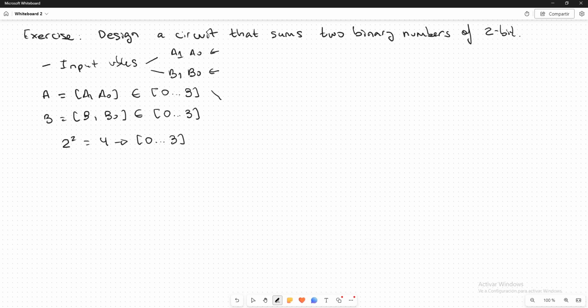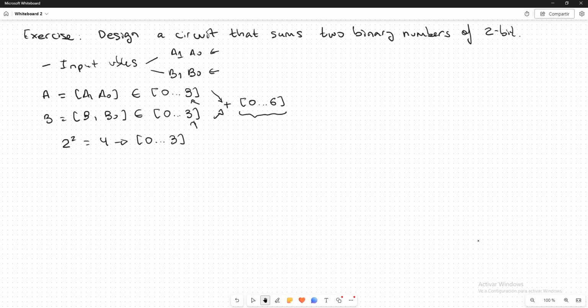So the sum of both of them is going to be between 0 and 6, because in the maximum case we have 3 and 3. So from 0 to 6 we have 7 combinations. How many bits do we need to codify 7 combinations?